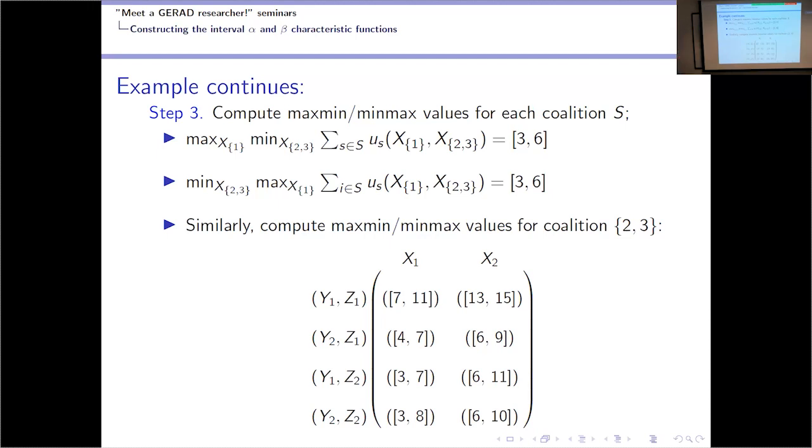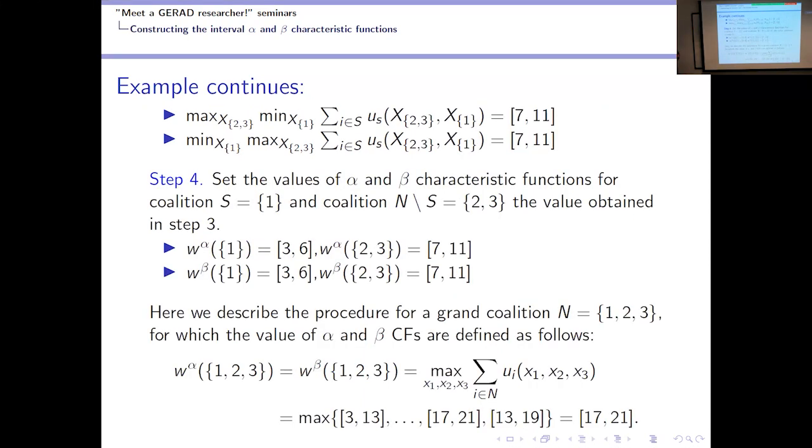This is the payoff that belongs to this collision, and when we follow the same way, we will get these answers. And before the last step, set the value of alpha and beta, because I also compute beta, right? So all the values are here, as you see.